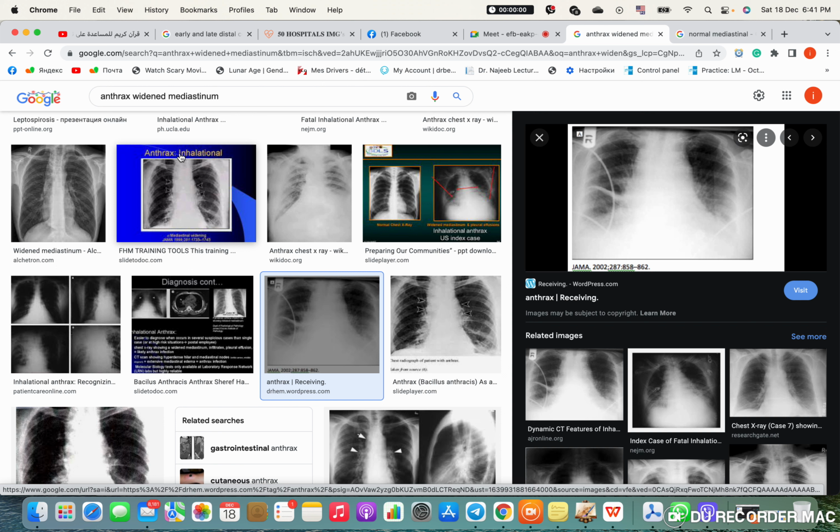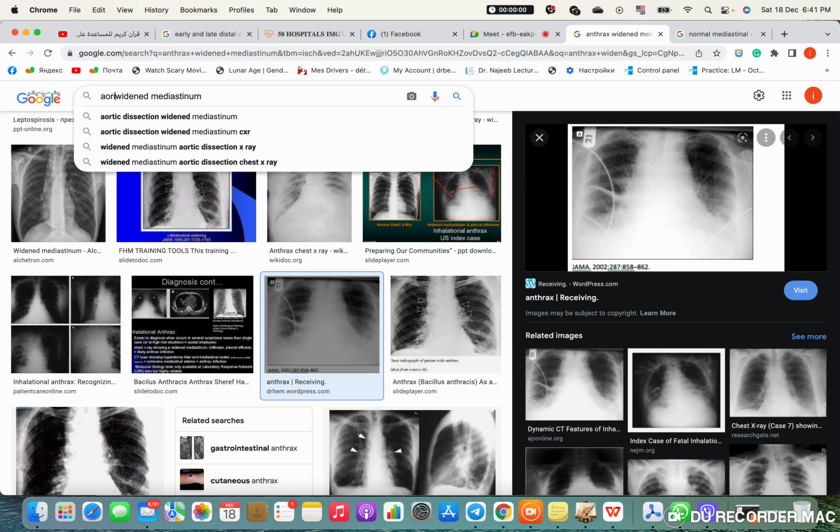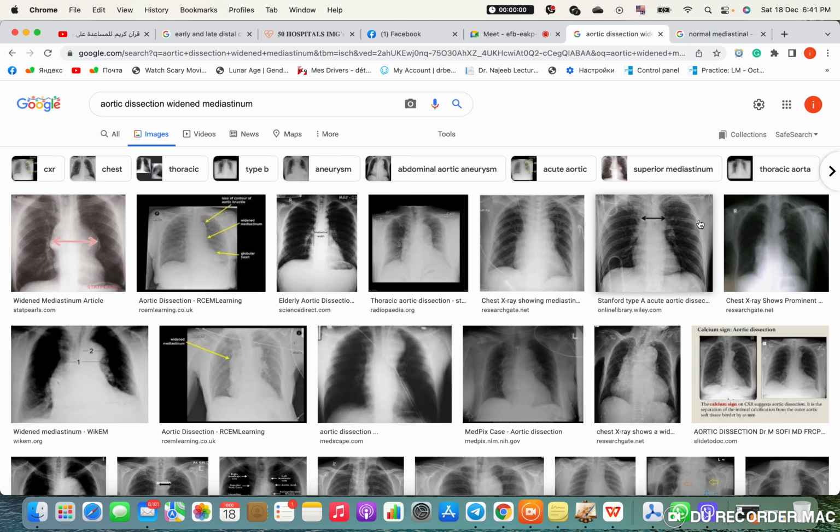If you remember, we also spoke about these aneurysms, and if an aneurysm ruptures, what is going to happen to the patient? Basically, boom. So that can lead to widened mediastinum. And also in case of aortic dissection, yeah? So aortic dissection can also lead to widened mediastinum.